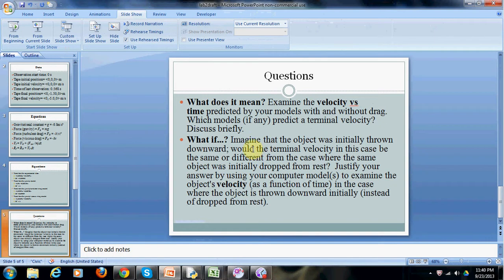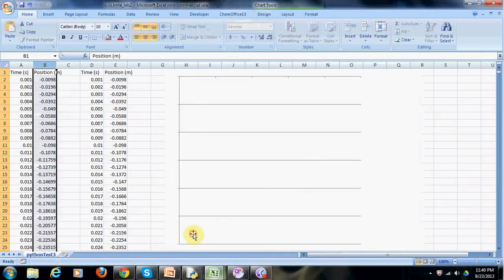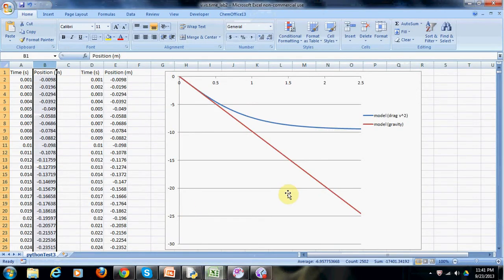Now, there are questions. The first question is asking us to look at the velocity versus time rather than the position versus time and to see whether or not there will be a terminal velocity. In order to do this, I made another computer model and graphed these models in Excel. This is just looking at the gravitational force, and so it is linear because there's nothing slowing it down, so the velocity will increase forever.